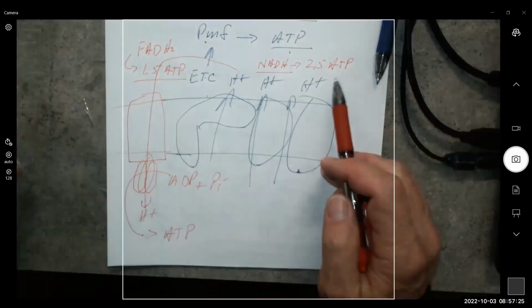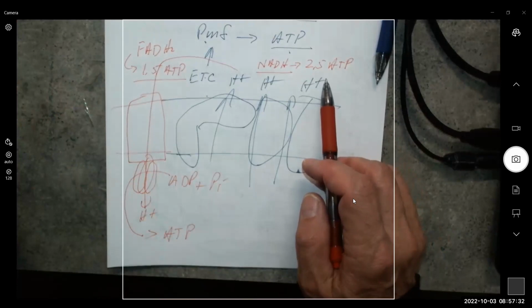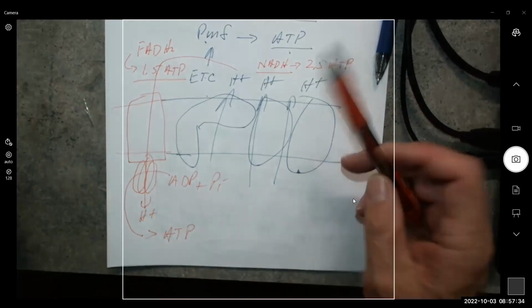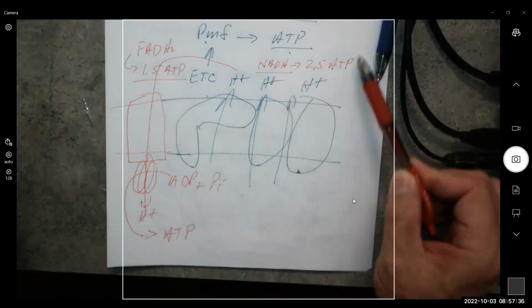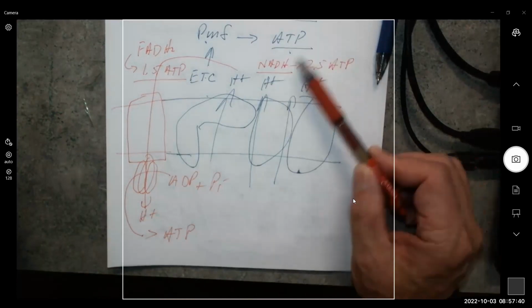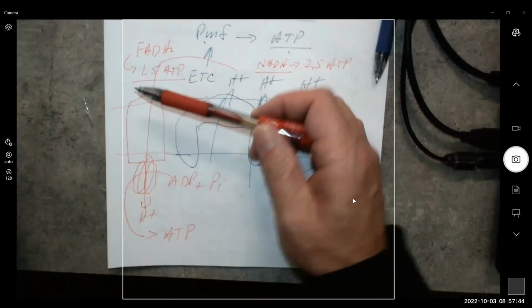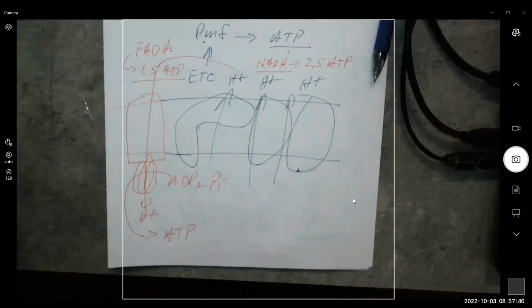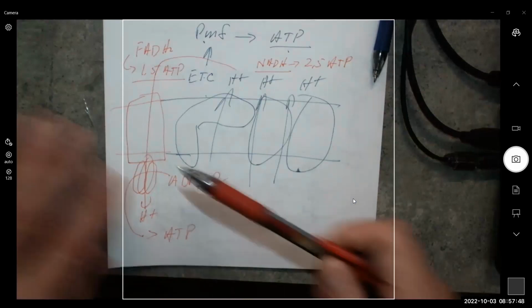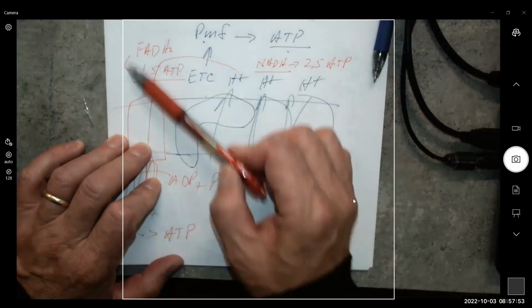Now, some books will say it's 3. It's probably 3 in chloroplasts, not in mitochondria. In bacteria, the best numbers available say it's about 2.5 per NADH. It's about 1.5, maybe 1.46 or 1.51. Depending on the papers, the numbers change, but that's a good ballpark.